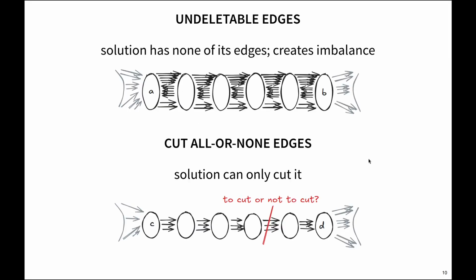This yields two different gadgets. One is an imbalance gadget that has very well connected vertices in a path and few edges across. These edges basically model edges from A to B that are undeletable. In the second gadget, which is just the path from the previous slide, we can do only two things. We can either cut it or not cut it, and the optimal solution will do one of these two things.